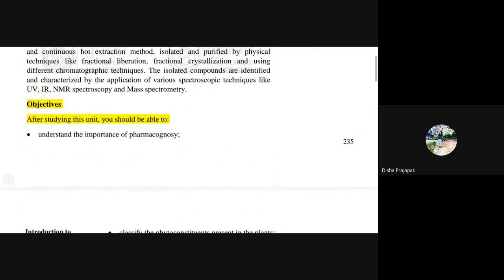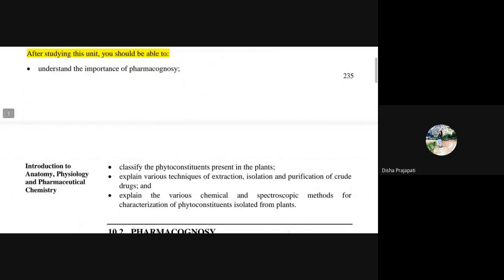So the objectives of this unit are to understand the importance of pharmacognosy, classify the phytoconstituents present in the plants, explain various techniques of extraction, isolation, and purification of crude drugs, and explain the various chemical and spectroscopic methods for characterization of phytoconstituents isolated from plants.